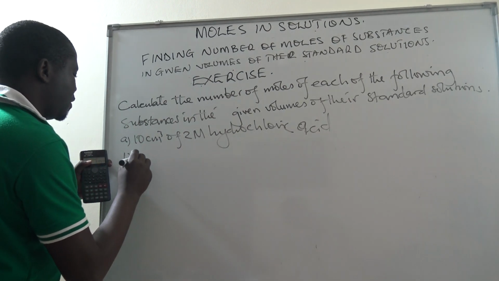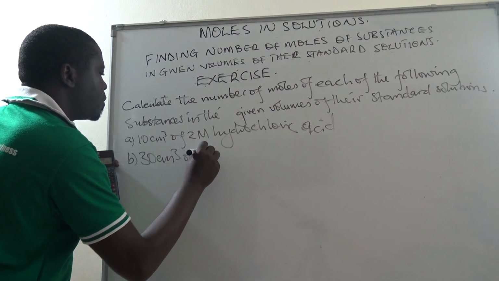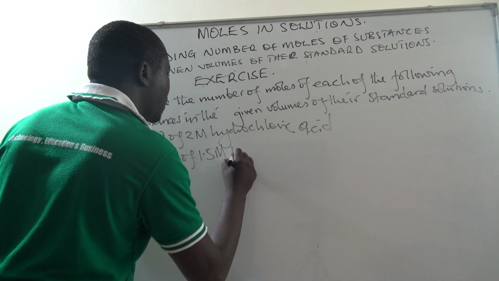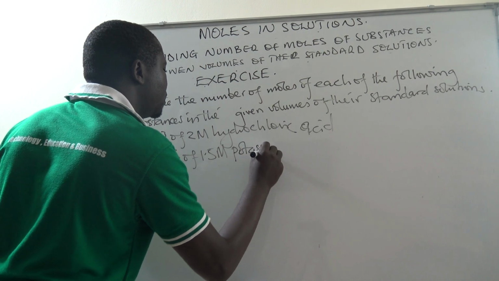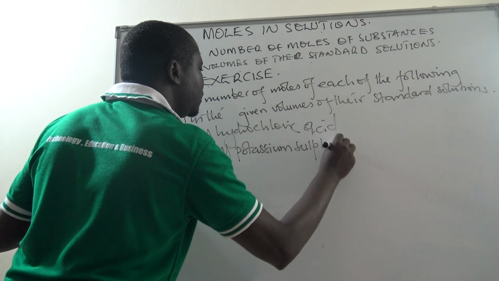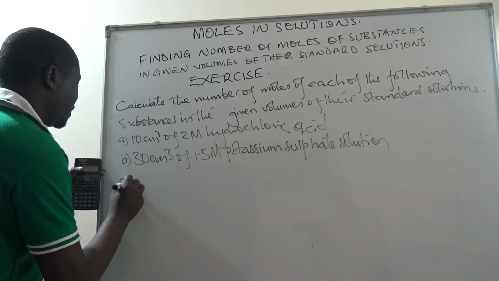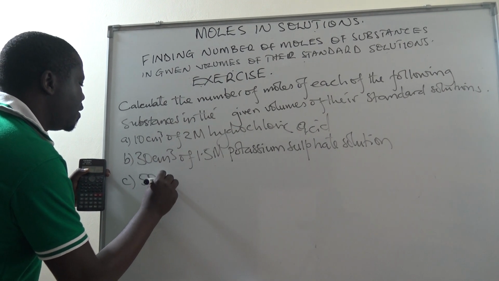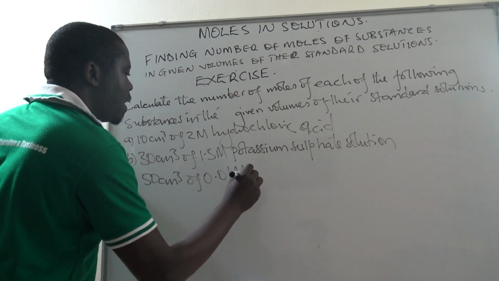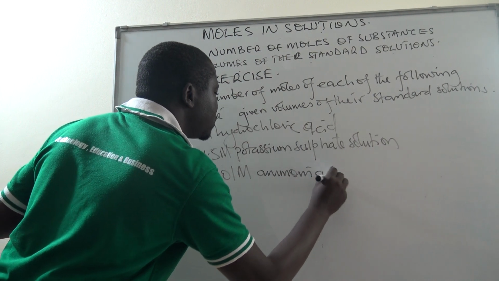I have 30 cubic centimeters of 1.5 molar potassium sulfate solution, and I have, say, 50 cubic centimeters of 0.01 molar ammonia solution.